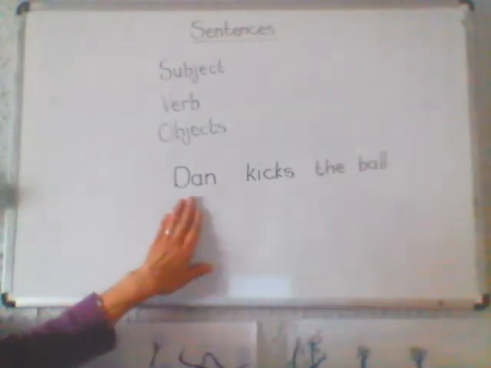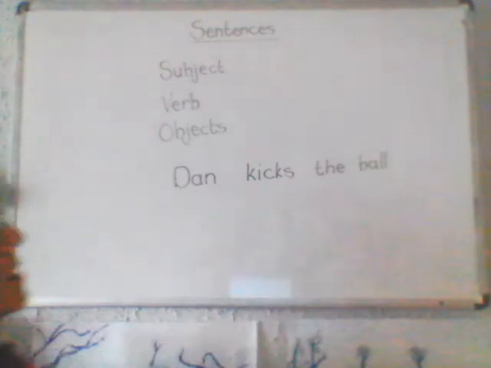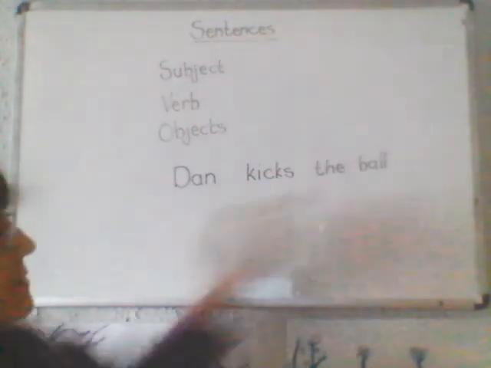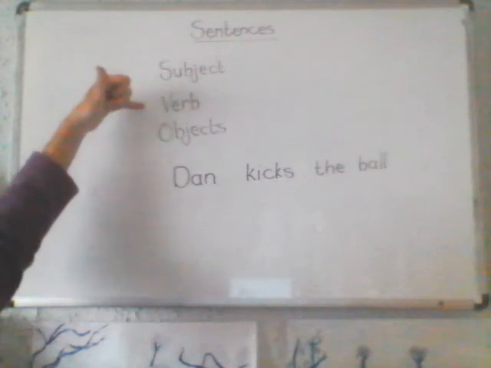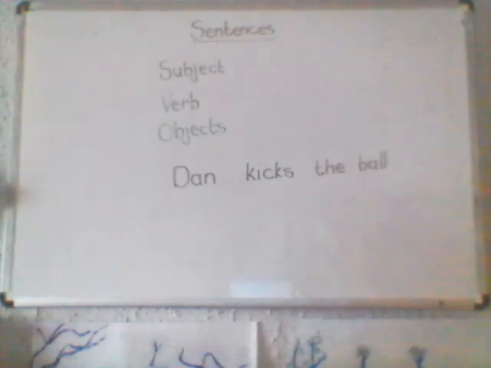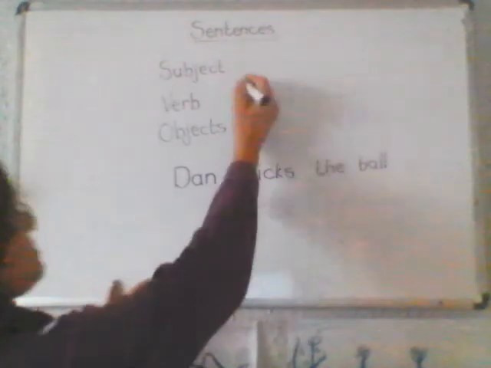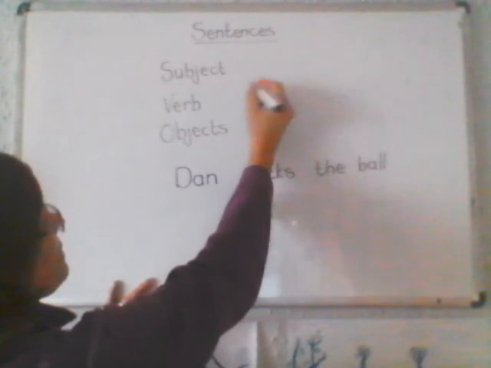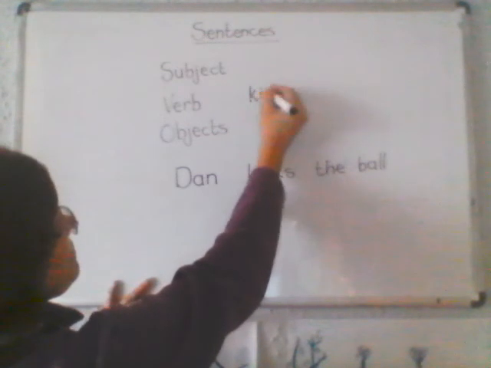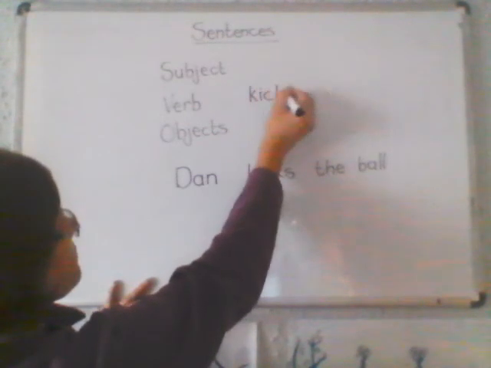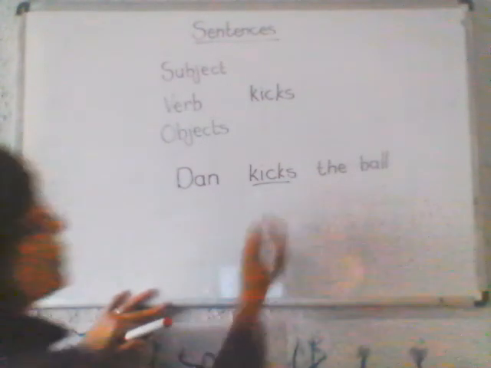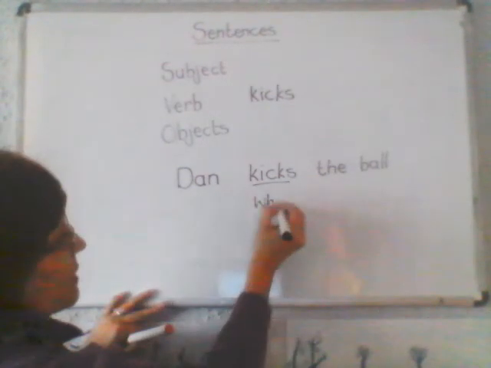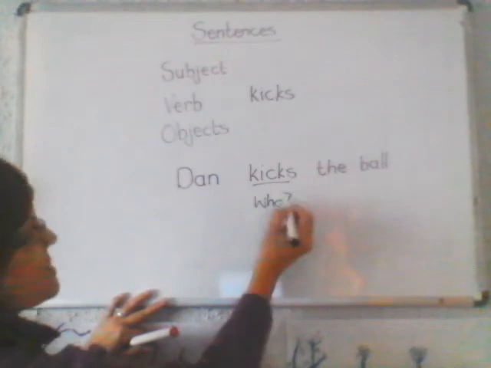I have the sentence, Dan kicks the ball. So when we break this up, we ask first of all, what is the verb of this sentence? And we know it will be kicks. Kicks is the verb. Then we ask who kicks, and we get the answer of Dan.